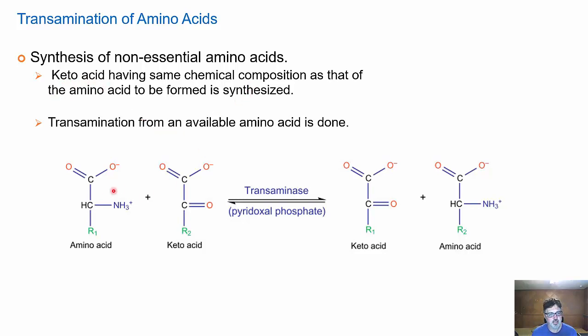The only difference here is this amine group here and this oxygen group here. And so what you'll see is by swapping these guys out, pulling this amine group over here and the double bond oxygen, the keto oxygen over here, we can actually synthesize a brand new amino acid.